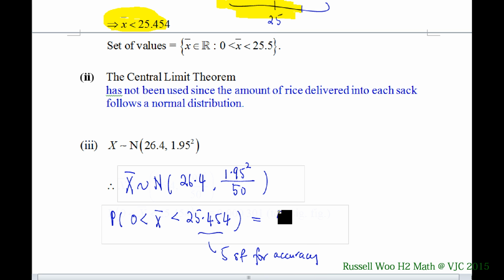Then you get a probability which is 0.000301. Okay, if you can understand this, very good. Almost difficult part, which also means I explain quite well.